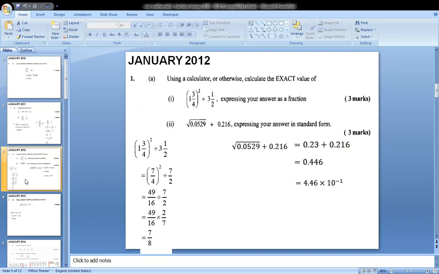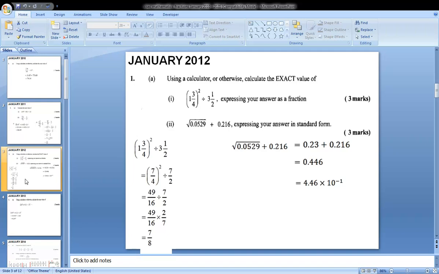So (1 3/4) squared is saying 1 3/4 times 1 3/4. Or you could simply change the mixed fraction to an improper fraction, and then we square that, both the numerator and the denominator.